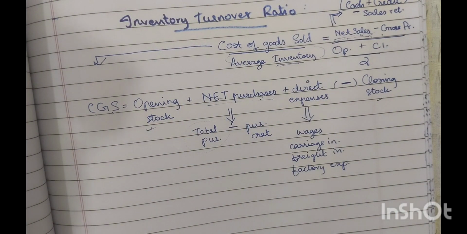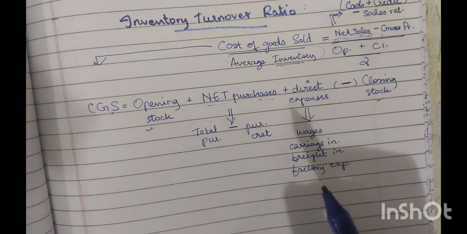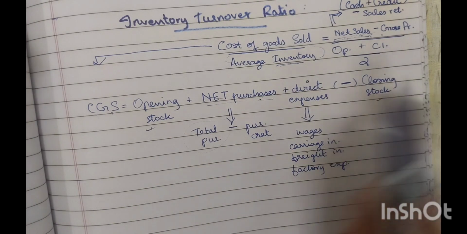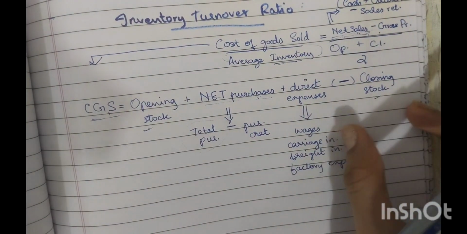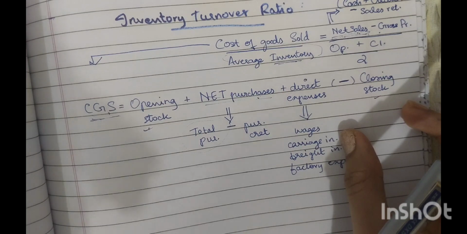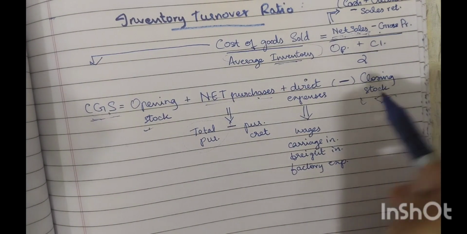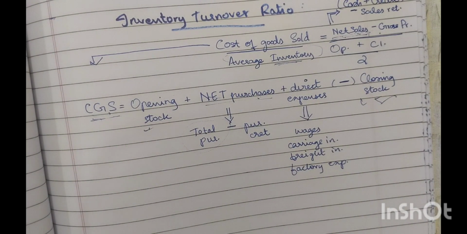All these three together form the cost of all the goods that a company has, right? But we only need cost of goods sold. So these three minus the stock we have remaining with us, which is the unsold stock, gives us the cost of goods sold. And that is the formula for CGS.